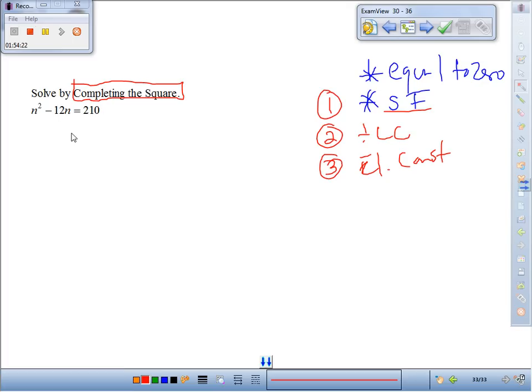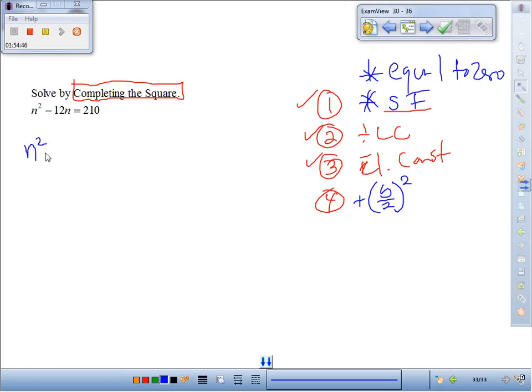So if this was over here, we should have sent it over here. So didn't they already do this, this, and this? So what is the next step? Step 4. Add b over 2 squared. So check this out. What is b? What is b? Negative 12.